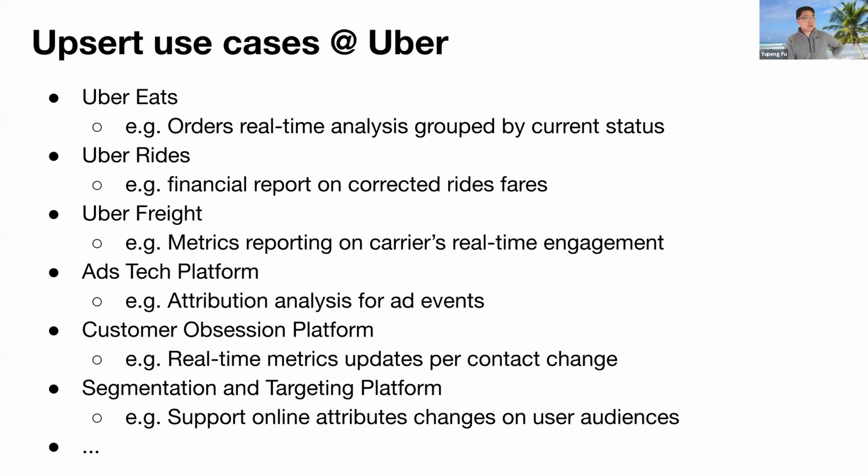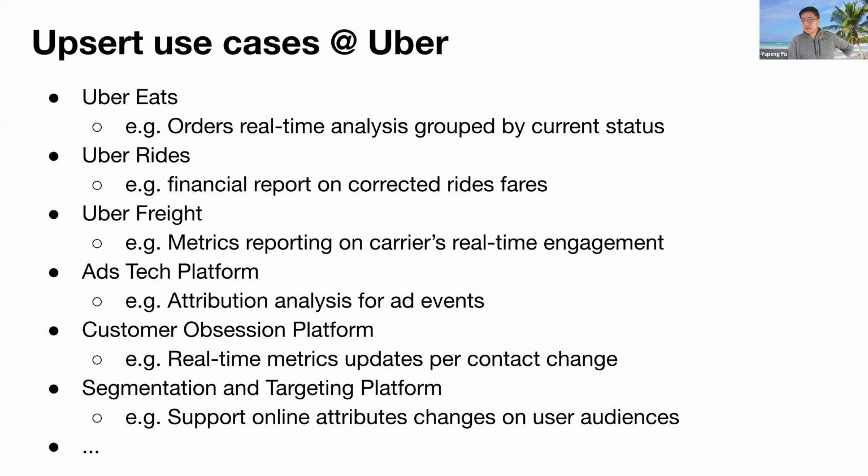And because Upsert is so fundamental at the data layer, a wide range of applications can be built on top of it. There are at least a few other internal use cases. As you can see, the status of an order can change, and similarly the fares of rides can also change.